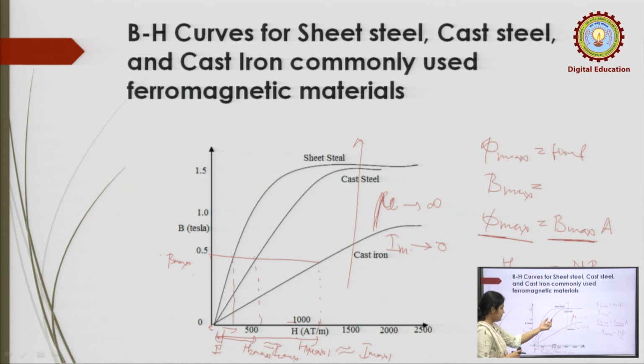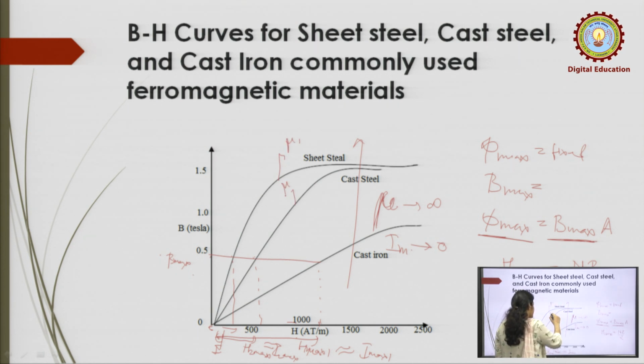So, for the same flux production, the B max is fixed, but according to the material, because these 3 materials have different permeability. Suppose the permeability of cast iron is mu 1, this is mu 2 and this is mu 3.